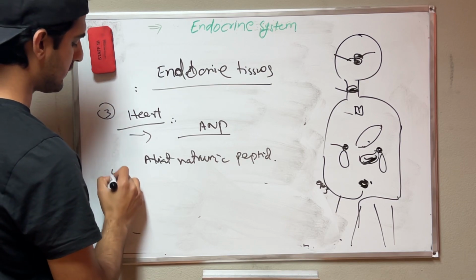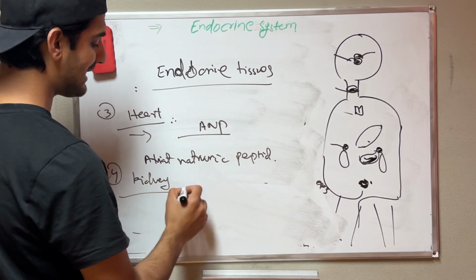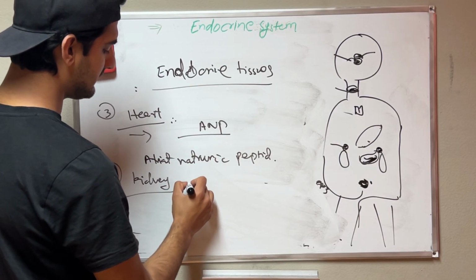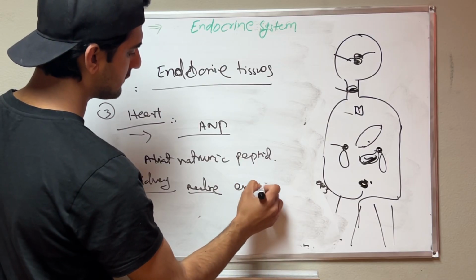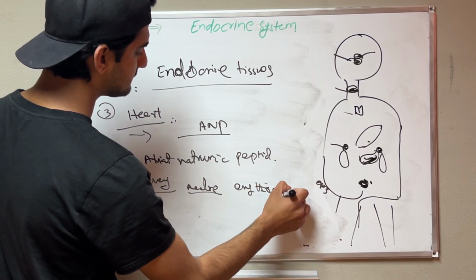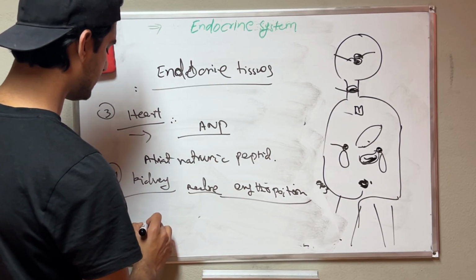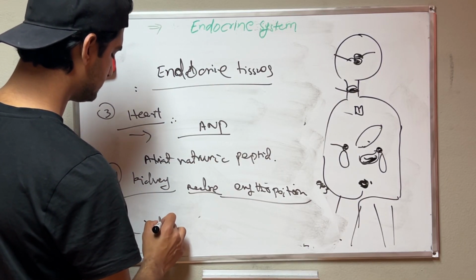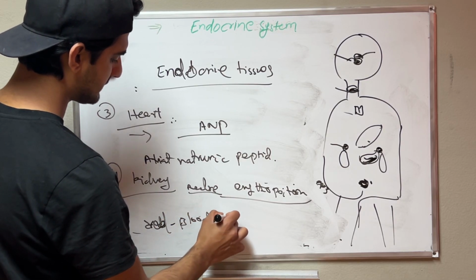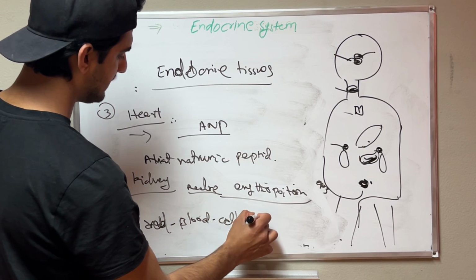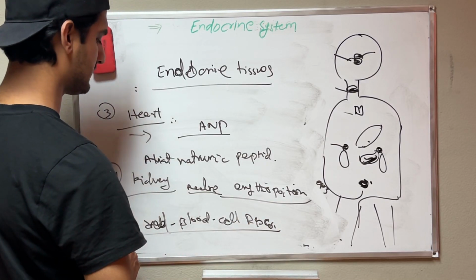Then we have the kidney. The kidney also produces erythropoietin. And you know what erythropoietin is? It helps red blood cell regulation, RBC regulation.